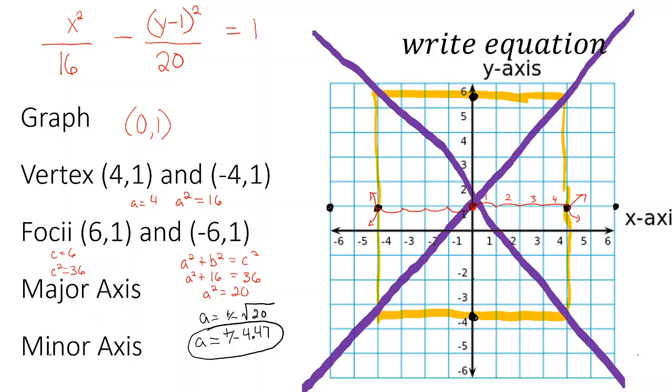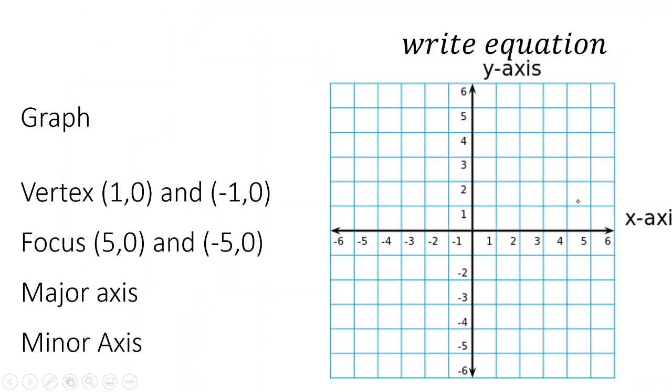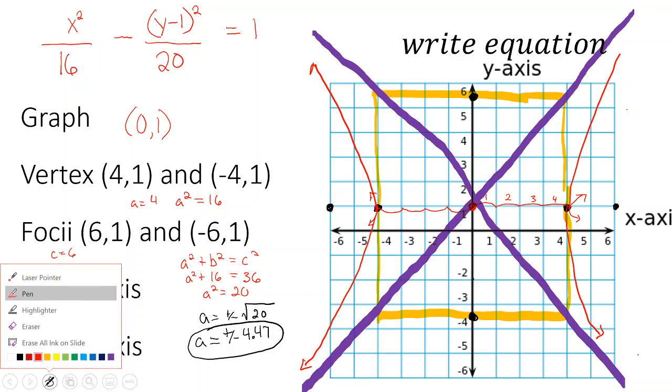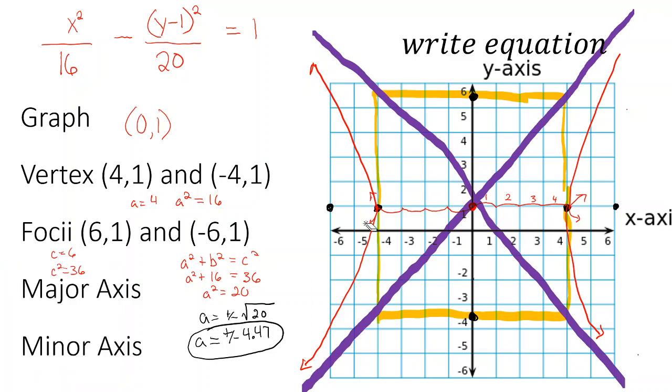But in finishing off the graph, these are going to go shoo, shoo, shoo, and shoo, whoa, shoo, like that. And this actually is the hyperbola graph that I like the best that we've had in the homework today. So it fit the nicest.